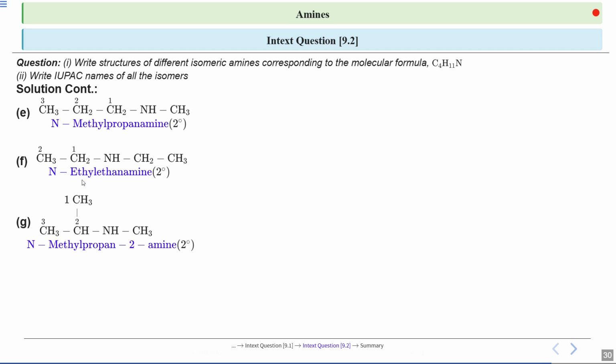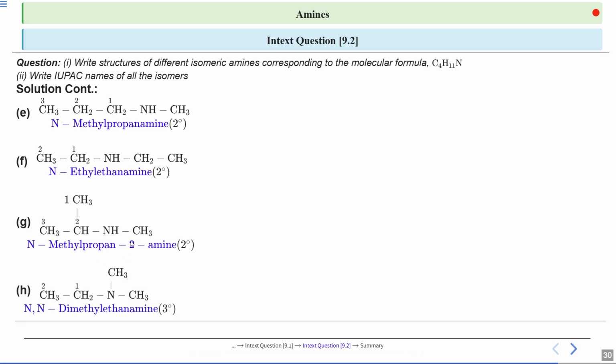If I say this is the parent chain, 1, 2, 3, this methyl group is directly bonded to this nitrogen. So this will be designated as N-methylpropan-2-amine. 2 indicates the position of this NH group. And this is a 2-degree amine because this nitrogen is bonded with 1 hydrogen and 2 carbon atoms.